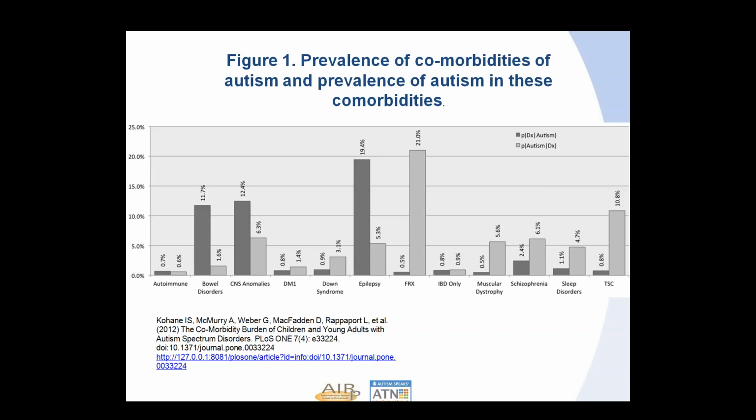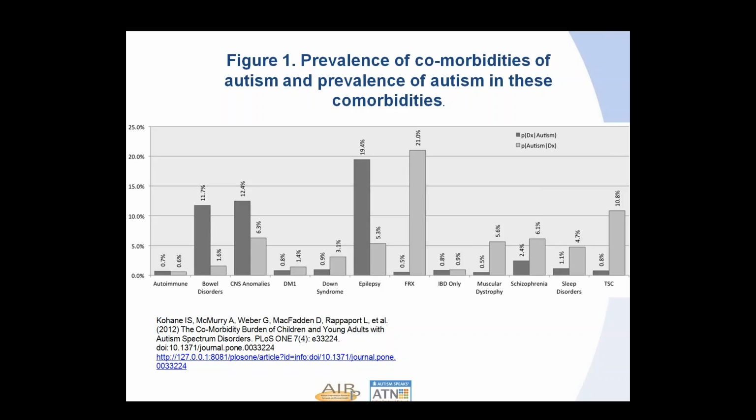So let's go to the next column, looking at bowel disorders. The prevalence of bowel disorders in people with autism in this study approached 12%, whereas the prevalence of autism in people with bowel disorders was about 1.6%. Now that's about what the current rate of the CDC prevalence rate is, about 1 in 64, or about 1.5 or 1.6%.